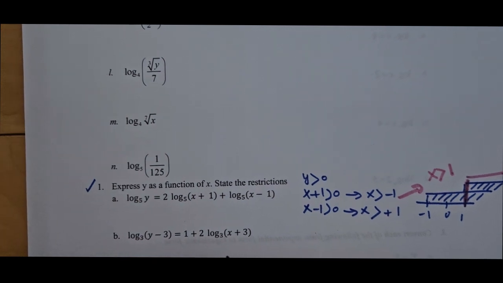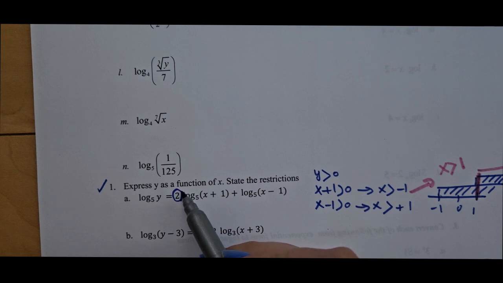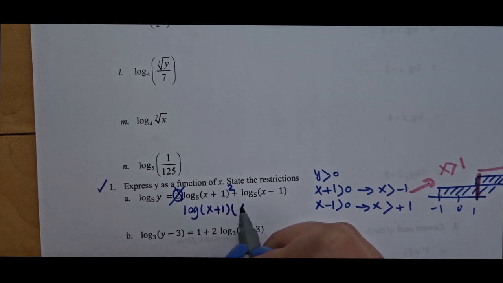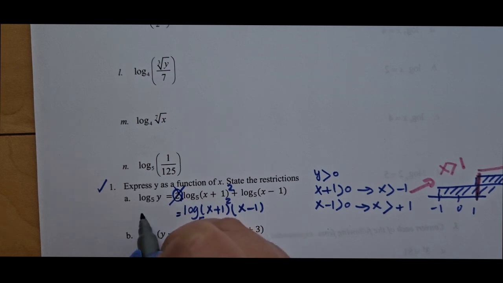So before using the product rule, I have to deal with this 2. This 2, I use as an exponent, as a power here, and get rid of this. And then I'll change this side to log of x plus 1 multiplied by x minus 1. But this guy has got a power 2. And remember, the base is 5, right? And here I have log base 5 of y.